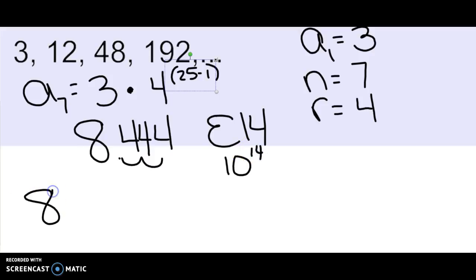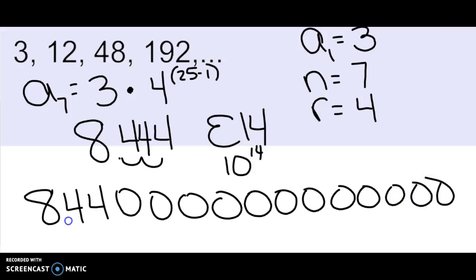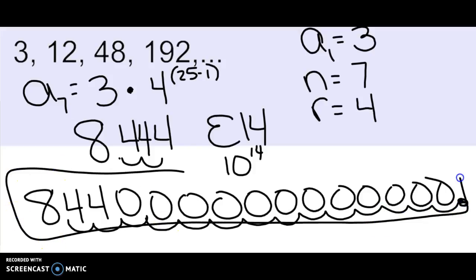So you're going to move your decimal place over 14 places. 1, 2, 3, 4, 5, 6, 7, 8, 9, 10, 11, 12, 13, 14. There's the number you're going to get. That's a big number. Let's play with something a little more realistic.